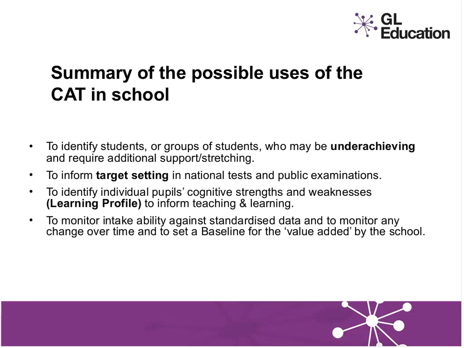It can also be used to inform target setting in national tests and public examinations, to identify individual pupils' cognitive strengths and weaknesses, so in other words, their learning profile, to help inform the teaching and learning of that pupil, and then also to monitor intake ability against standardised data. So to also monitor changes over time and set a baseline for value added by the school.